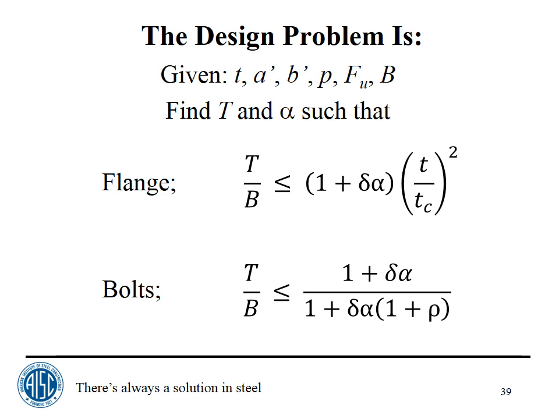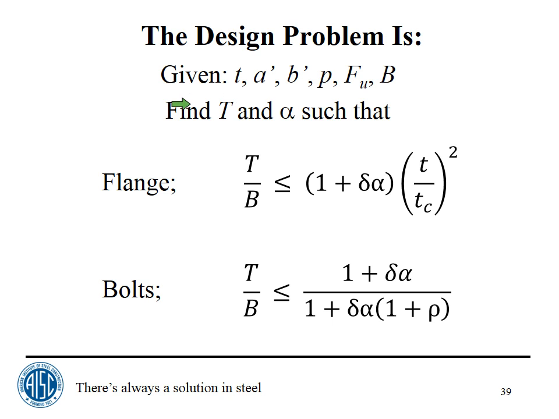So the design problem, or the analysis problem that we have here, is given this information: the thickness of the flange or the angle; A prime and B prime, which are the parameters that define the geometry of where my bolts are; P, the tributary length per bolt; F sub u, the property of the fitting material, the flange or the angles; and B, the design strength of the bolts.